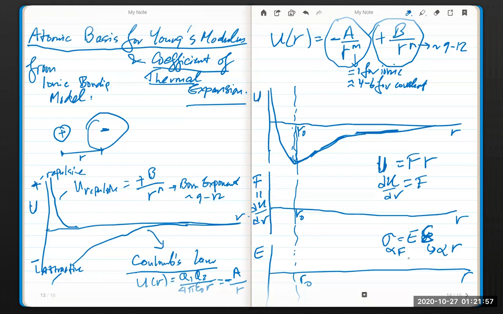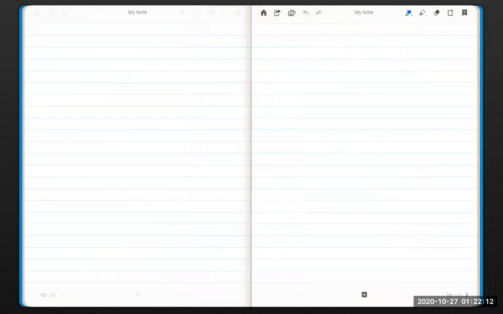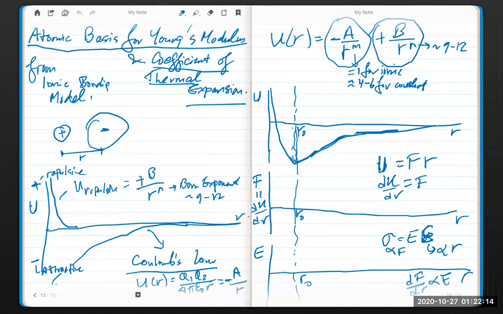It's F divided by A. So I'll present to you that dF/dr is proportional to Young's modulus, which is the slope. So Young's modulus is actually the second derivative of the U-r curve. I should write that as proportional.